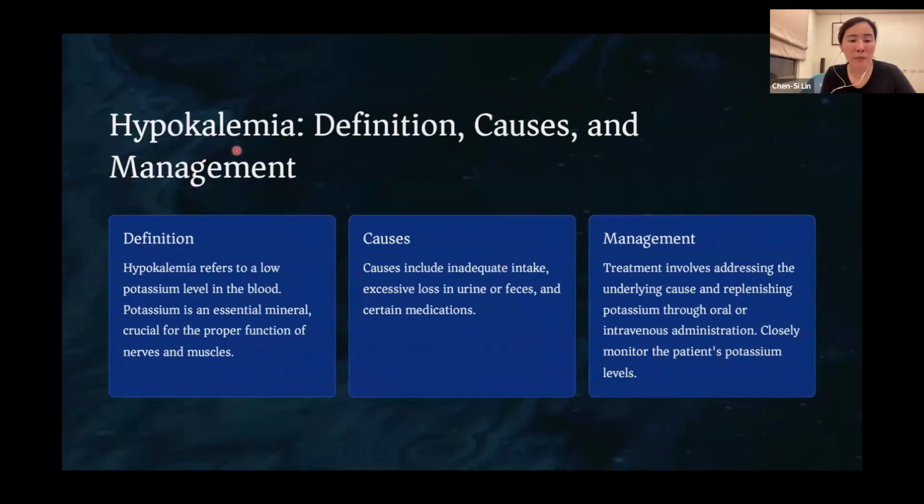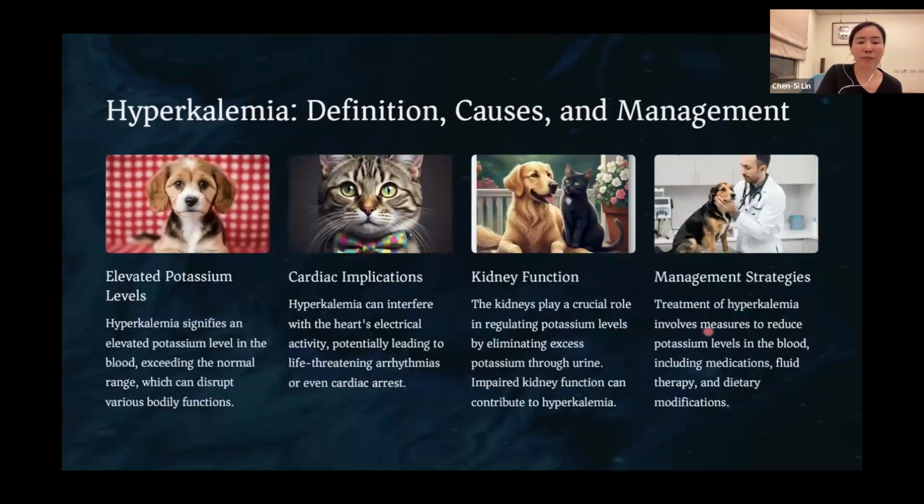For the potassium aspect, if the animal suffers from hypokalemia, what we can do is fluid, maybe oral or fluid therapy, to help the animal recover from the hypokalemia situation.